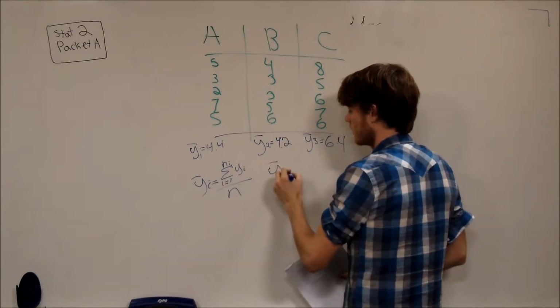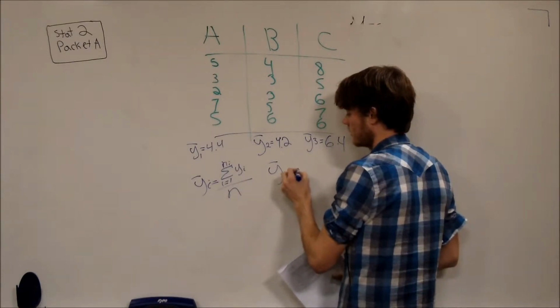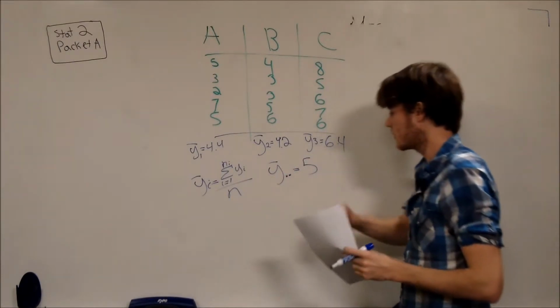So y bar dot dot, the grand mean, equals 5. And that'll be useful.